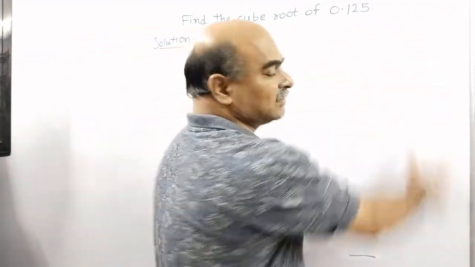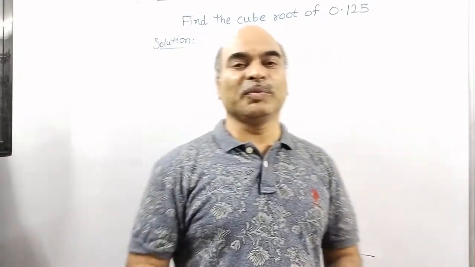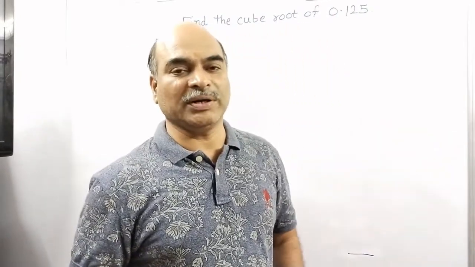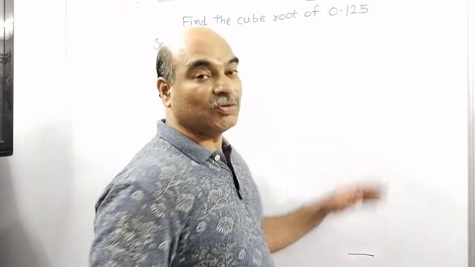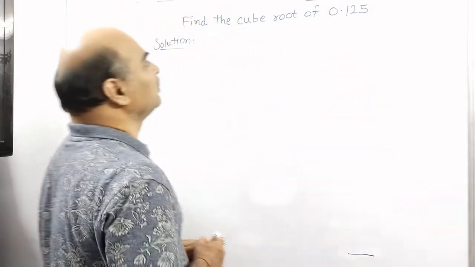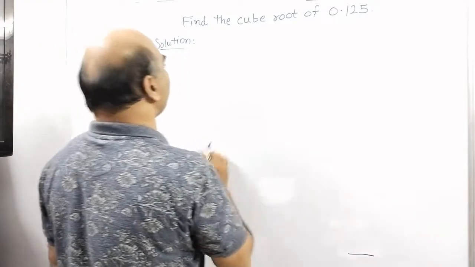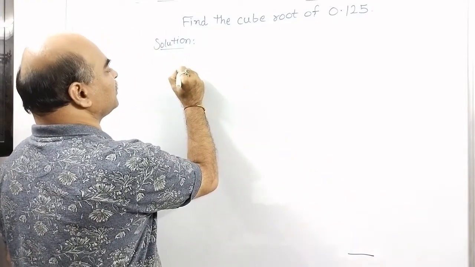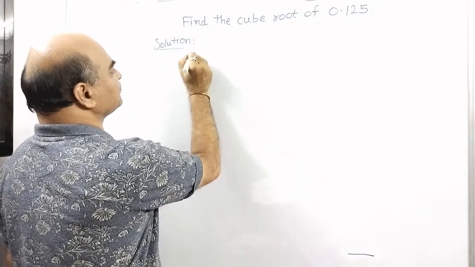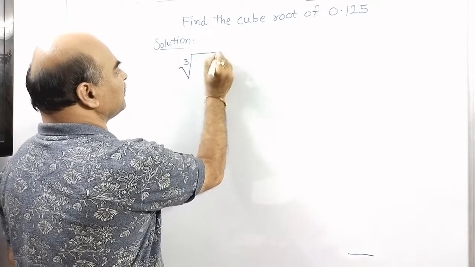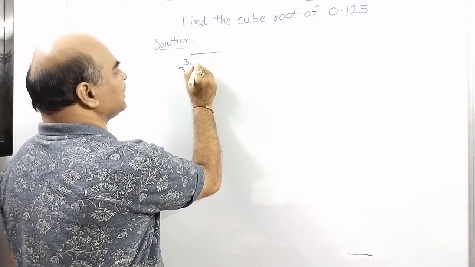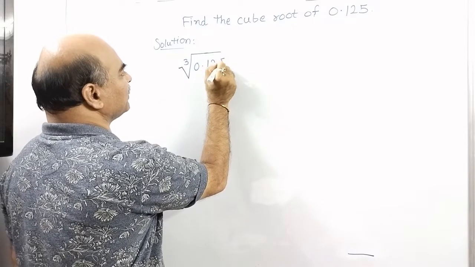Now friends, we are going to find the cube root of 0.125. So how to find the cube root of 0.125? Let's start here. First step, we have to write down the radical sign and the number which we have, that is 0.125.